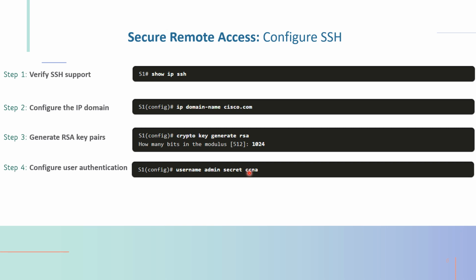And here in this example, we are using the local authentication method with the username admin and the password CCNA.